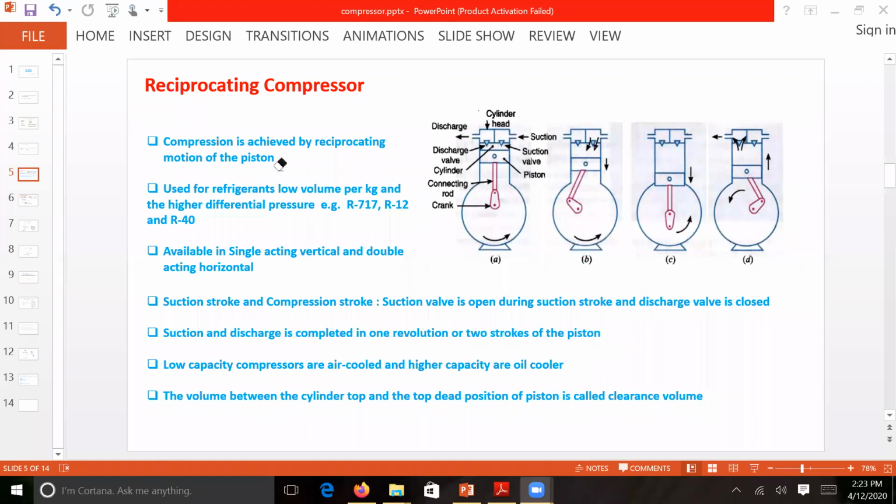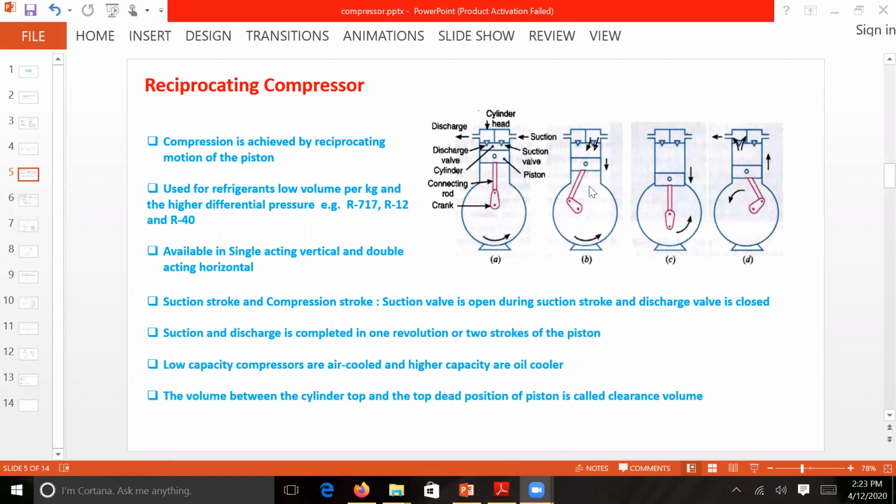So this is a double acting cylinder, with suction stroke and compression stroke. The suction valve is open during the suction stroke and the discharge valve is closed. Suction and discharge are completed in one revolution, or two strokes of the piston. One movement from top to bottom dead center is called one stroke. So in two strokes, one is suction and the other is compression.